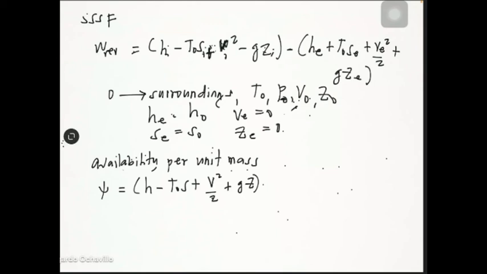Therefore, this is equivalent to the summation of m_i times this availability or exergy, minus the summation of m_e times this one, where this is i and this is e.